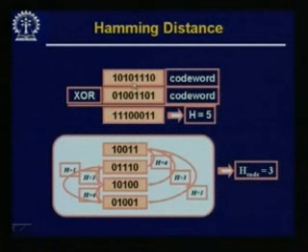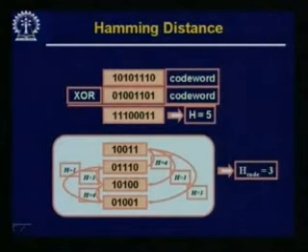By Hamming distance, what we mean is in how many bit positions the two code words are different. In order to find that, we simply XOR the two. If we XOR these, we get, 0 1 is 1, 1 0 is 1 and so on. So, you get 1 1 1 0 0 0 1 1. Now we count the number of ones in this XOR, which is 5. So, we say that their Hamming distance is 5.